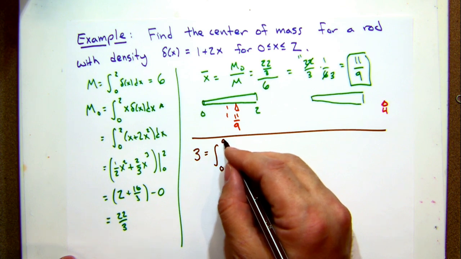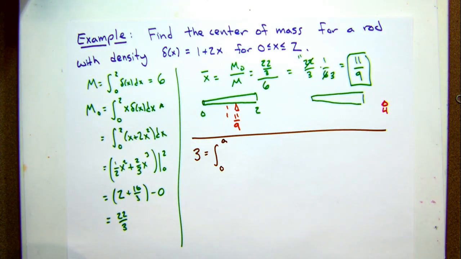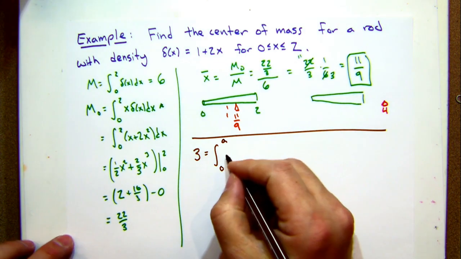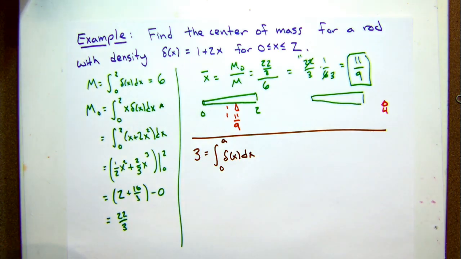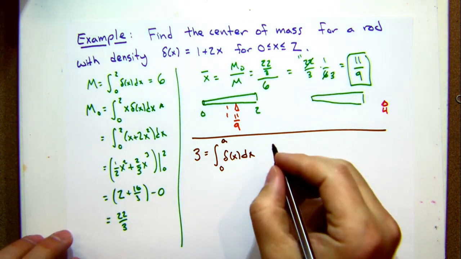So I'm going to think of the following. I'm going to integrate from 0 to some point A, and I'm going to integrate my density. So what is that telling me? Well, it's saying I want to figure out what A is. So that's trying to find where is the halfway point for the mass.